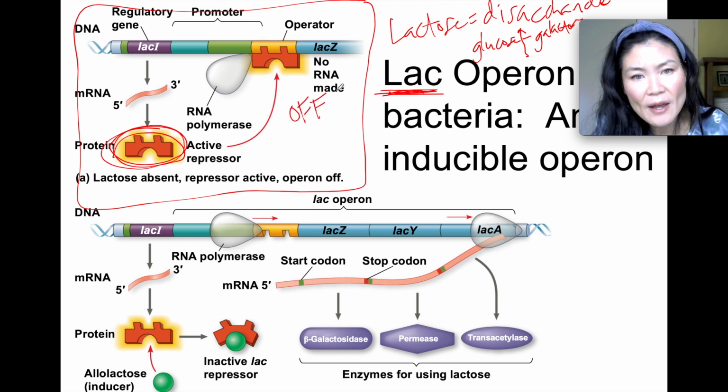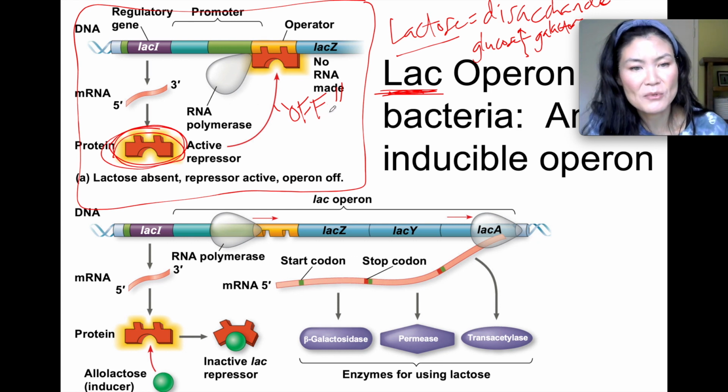The gene is now off because the RNA polymerase is prevented from being able to bind to the promoter and access the lacZ, lacY, and lacA genes that are responsible for making enzymes that are going to help the bacteria break down lactose. Okay? So this is it off. The repressor is now on the operator. The gene is switched off. Why? RNA polymerase cannot get to those genes and transcribe those genes.